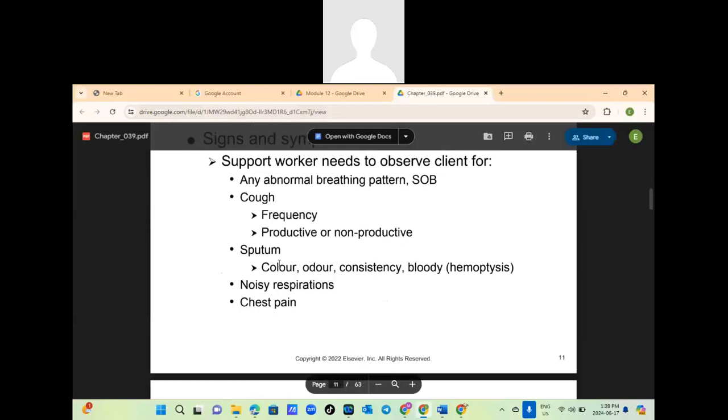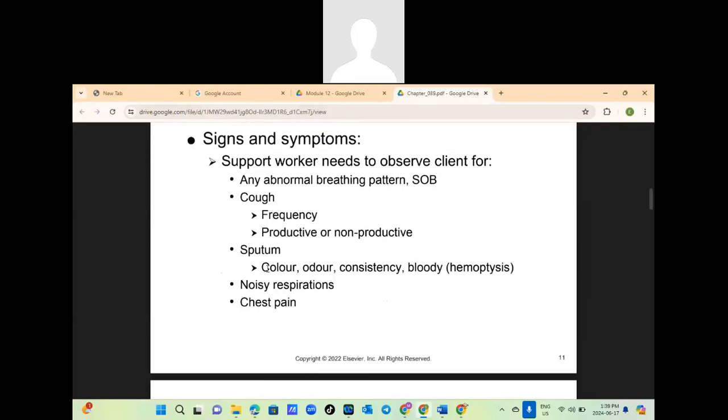Let's go to sputum. When they cough and there is mucus, sometimes we say mucus, because I remember those cough syrups that say they loosen the mucus, right? In layman's terms, we say mucus, like I've spit so many greenish or yellowish mucus.